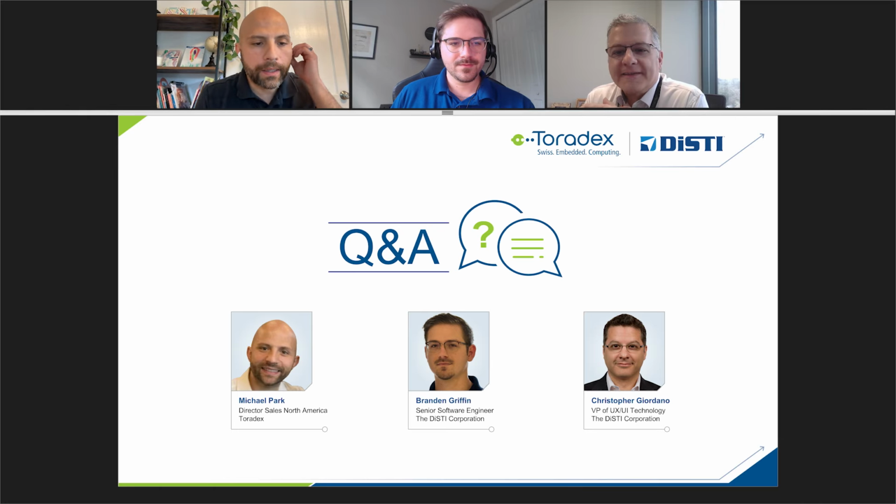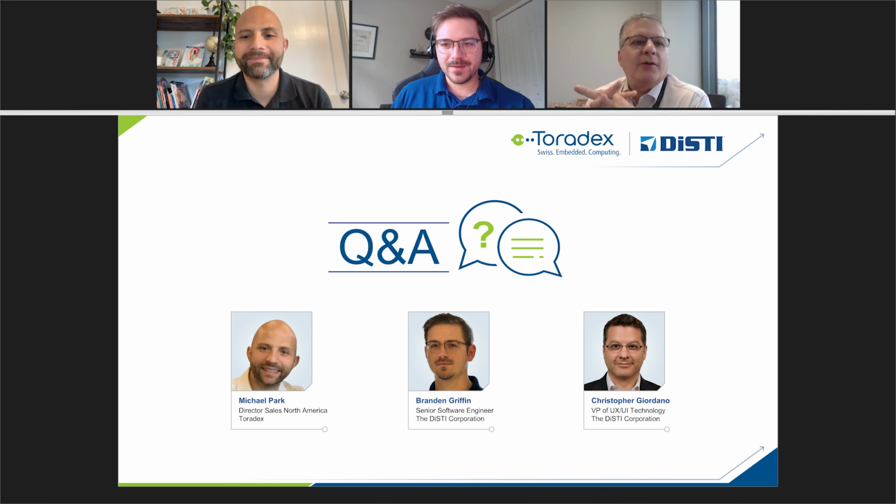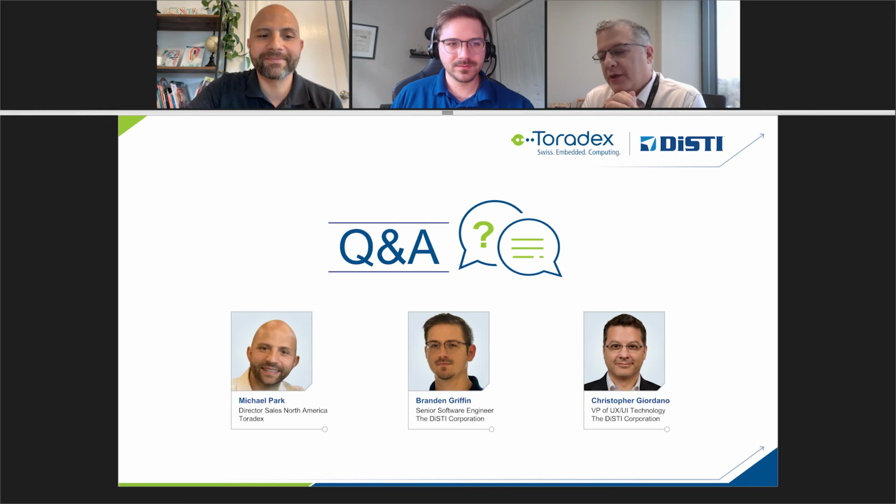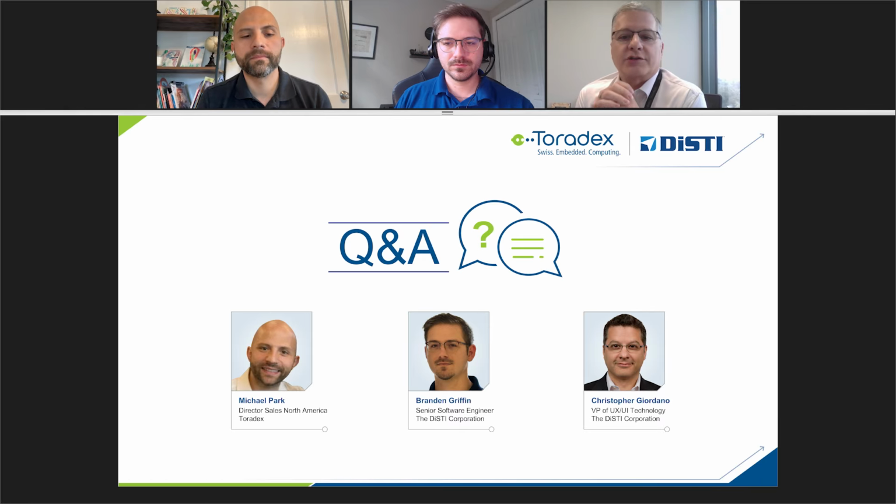All right. Okay, what is the difference between embedded C++ and safety critical embedded C++ code? I think, you want me to take that one, Brandon? Yeah, I'll let you take that one, Chris. Sure. So your embedded C++ code is really what's targeting the QM style applications that don't require functional safety.